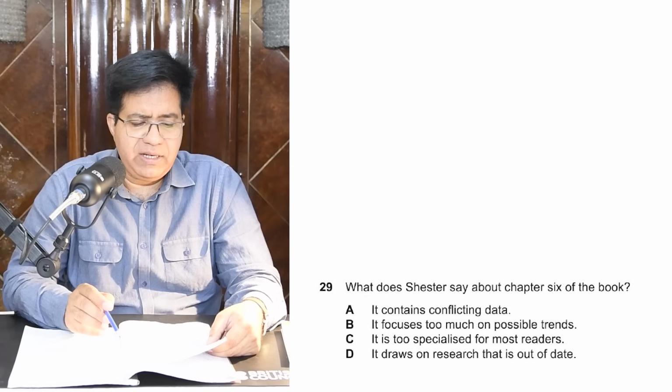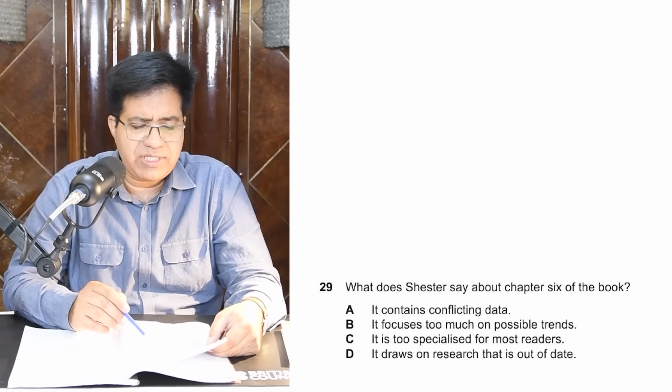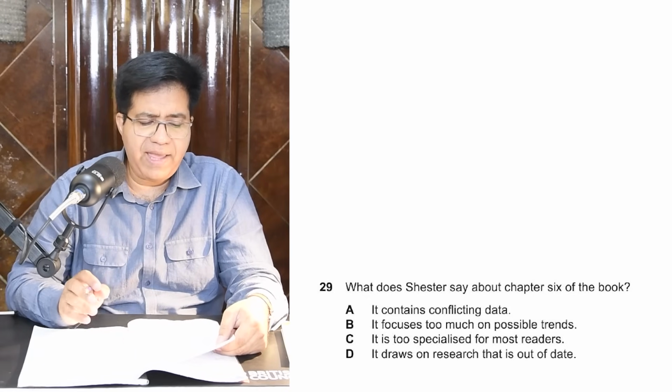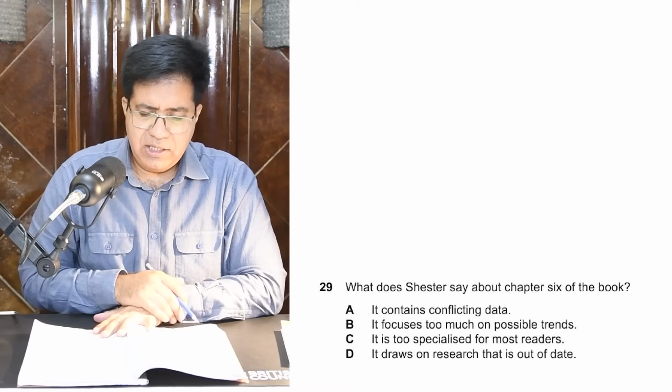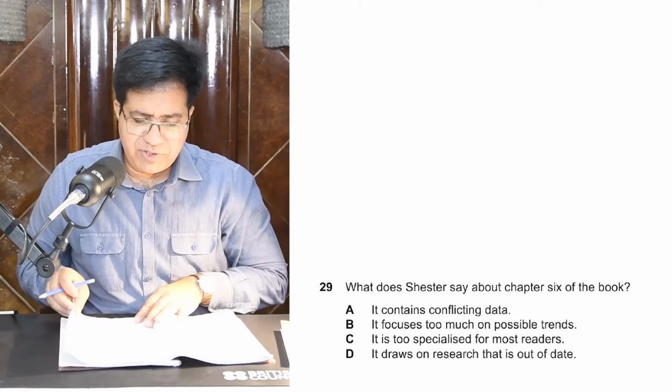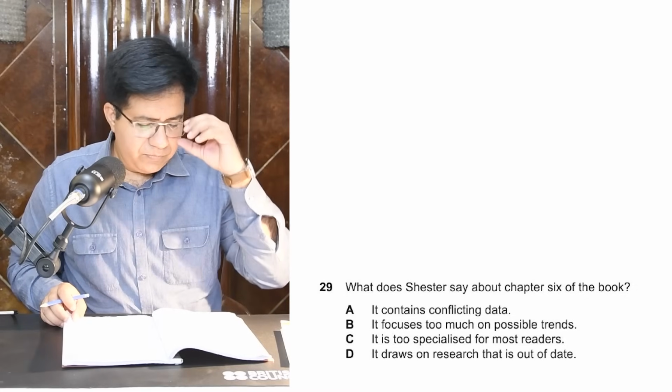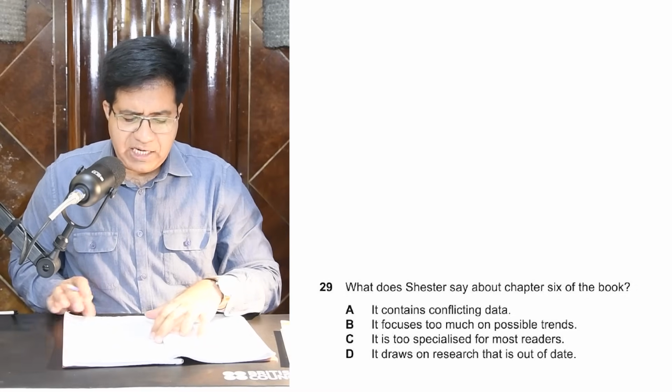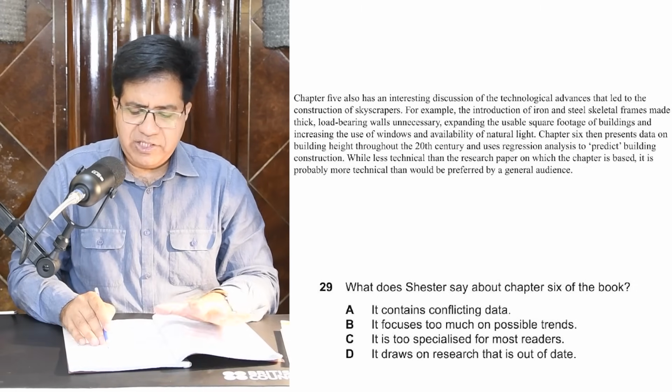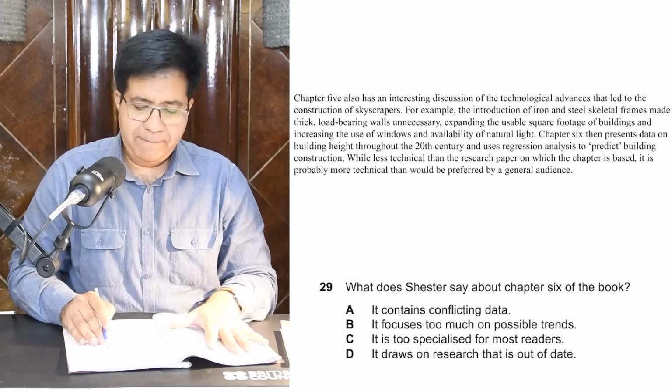Now question number 29. What does Chester say about chapter 6 of the book? Now we go back and we see what does Chester say about chapter 6. Where is chapter 6? Okay, second page, third paragraph in the middle, chapter 6. Found it? Okay.